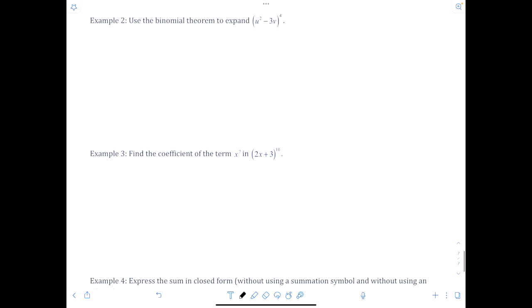Now let's use the binomial theorem to do some stuff. So if we do it for a straight up expansion, I mean, see here that our a is equal to u squared and b would be equal to negative 3v.